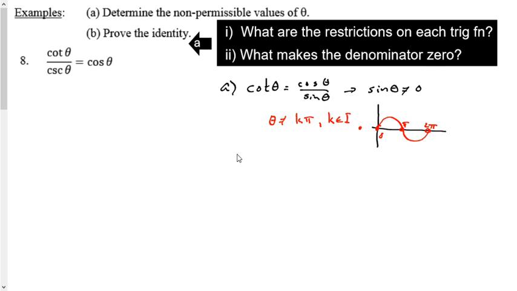Cotangent, as we looked at last week, has some vertical asymptotes. And those vertical asymptotes happen where the sine of theta is equal to 0, so where that denominator would be 0. I just looked at the graph of y equals sine theta and found the zeros of that. Those would be my restrictions for the cotangent function.